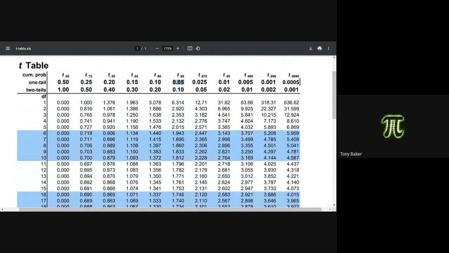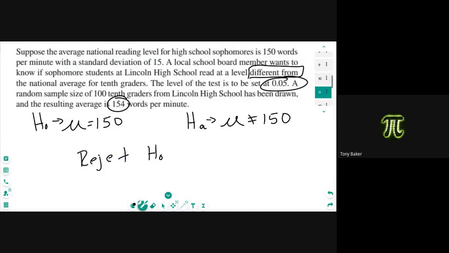Depending on the direction you're looking at, your z number will change. In this problem, it wouldn't have made a difference. We were going to reject it no matter which one we had chosen. But in some, it could be really close, and that could make the difference. So it's very important that when you're looking at it, you choose what that statement is there for.